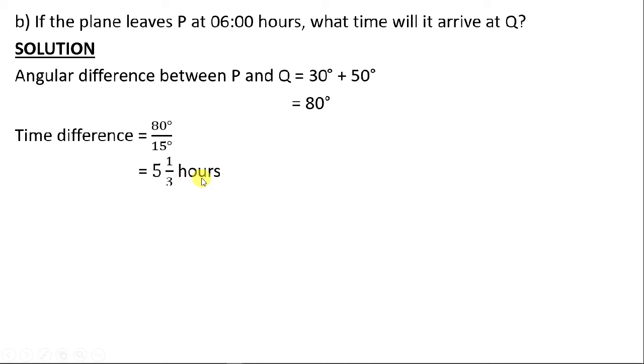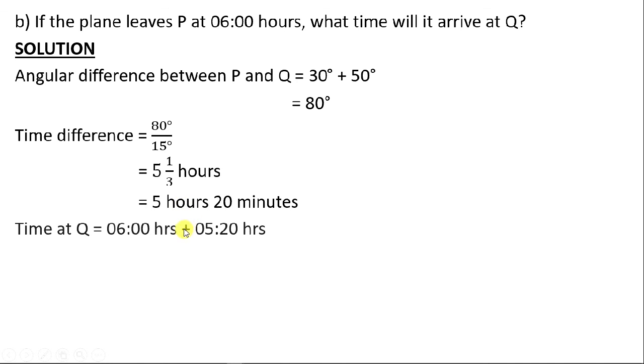So time difference was 5 and 1/3 hours. We change this 1/3 into minutes, which gives us 20 minutes, because 1/3 times 60 minutes is 20 minutes. So the timing difference was 5 hours 20 minutes. Now time at Q was 06 hours plus the difference in time. So the time at Q was 11:20 hours.